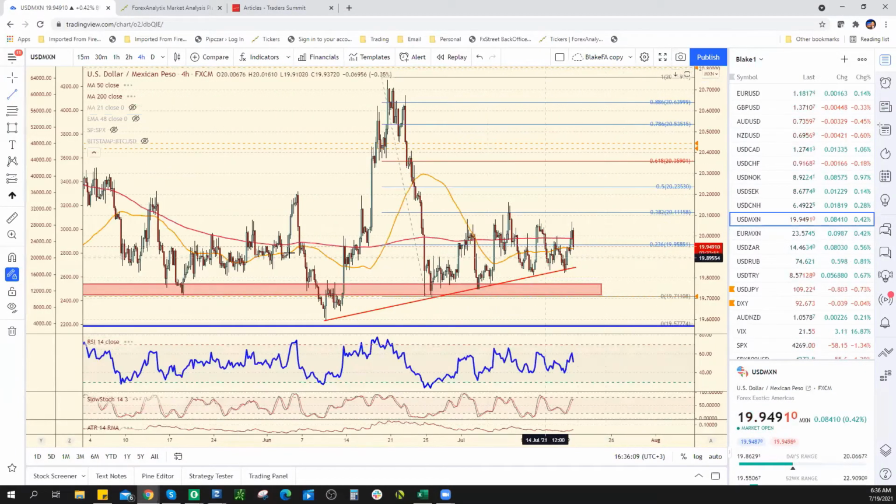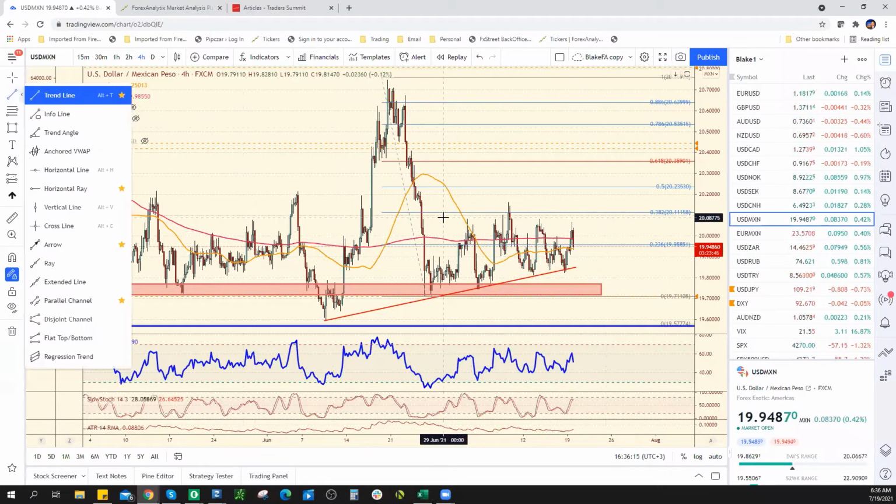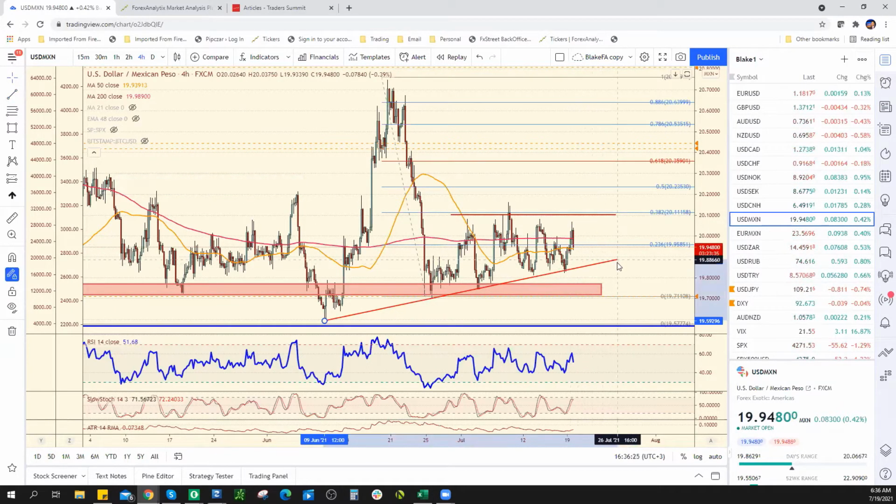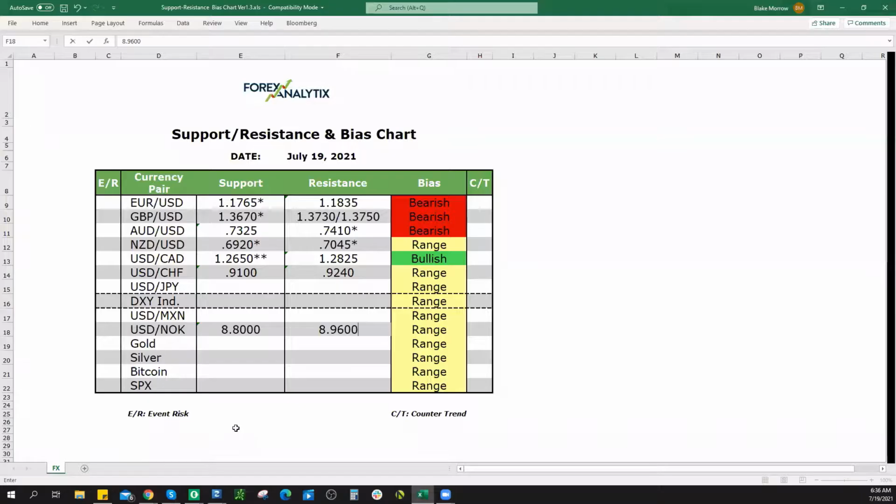Dollar Mexican peso. So you guys know 2010 big resistance. I think we wrote that down all week last week. 38% retracement right there. So it's all the same. So now support 1985. You want to buy some down there.